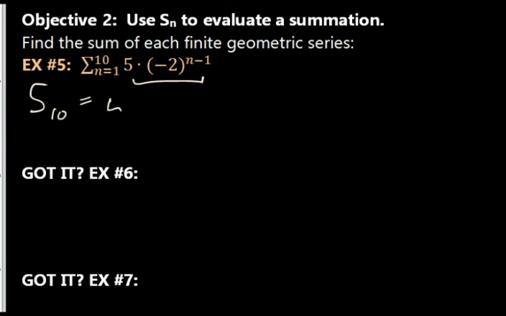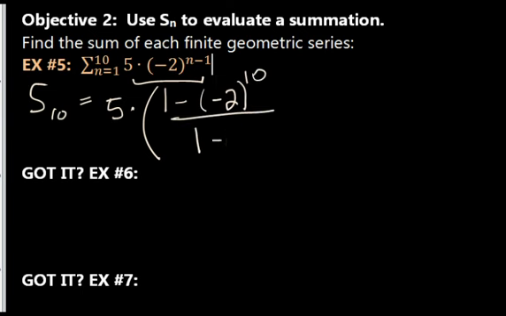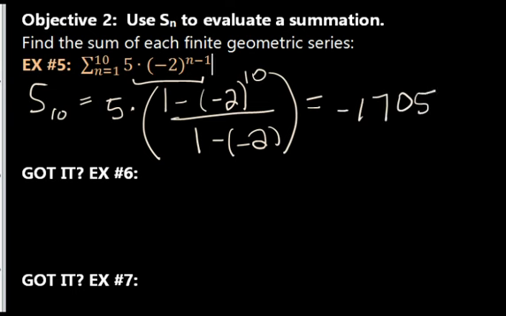If I use the formula with a sub 1 equals 5, and multiply that by 1 minus negative 2 to the 10th power, all over 1 minus negative 2, we can easily find our solution. Calculating that out, we end up with negative 1705.